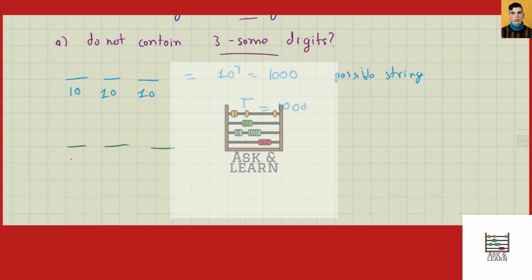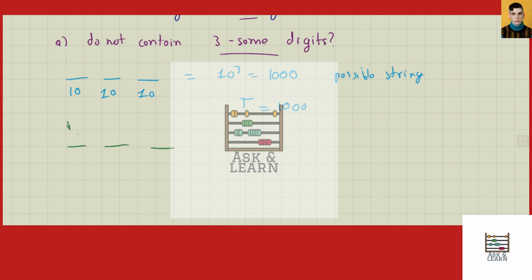So if we have strings where the 3 numbers are the same, we need to focus just on the first digit, right? Because the first digit is going to lead the rest of the numbers. So for example, if I put here 1, then the rest are going to be just copies of the 1. Then if we put here the number 2, then the rest are going to be 2 as well, because they are strings with the same digits.